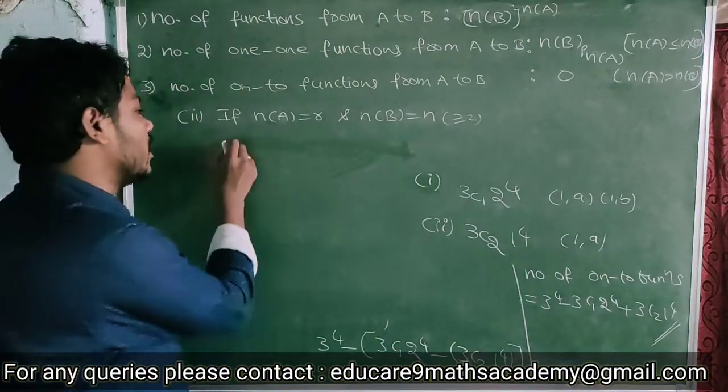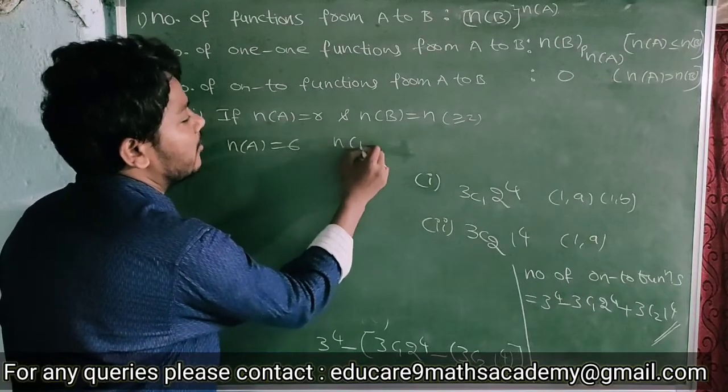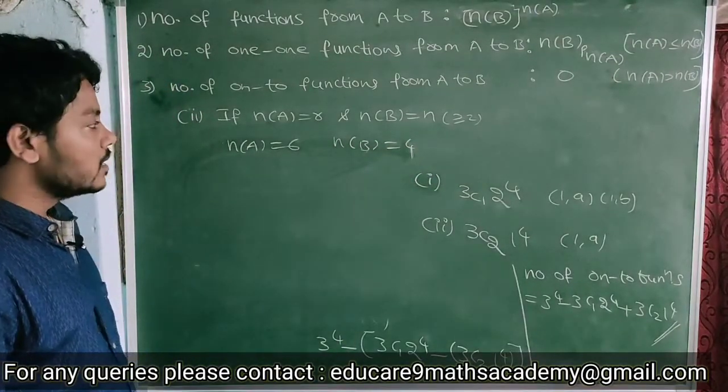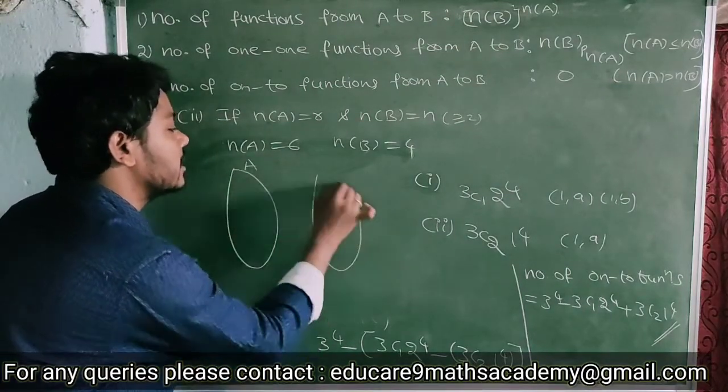So for example, the number of elements in A is equal to 6 and the number of elements in B is equal to 4. Okay. So right here, A is the set and B is another set.